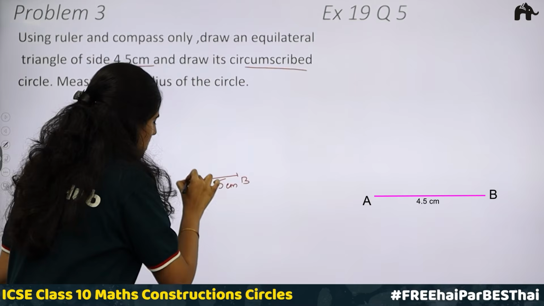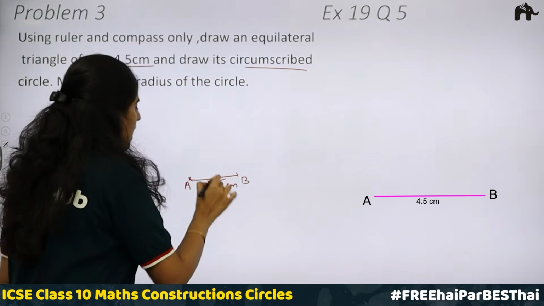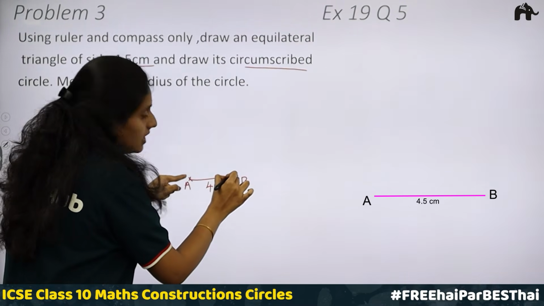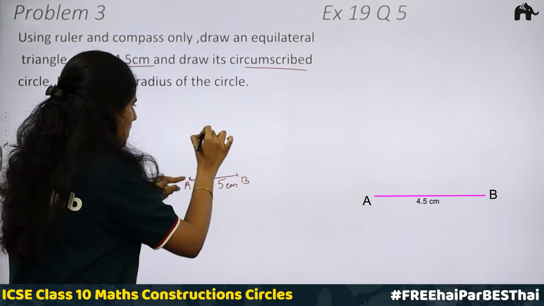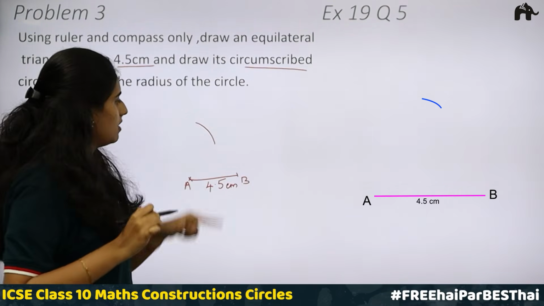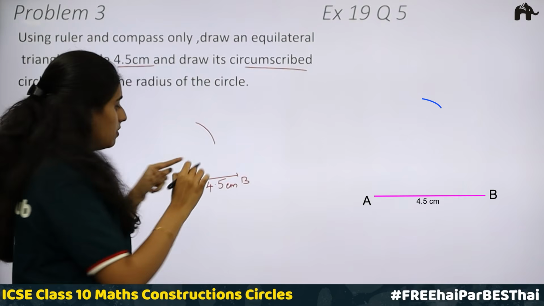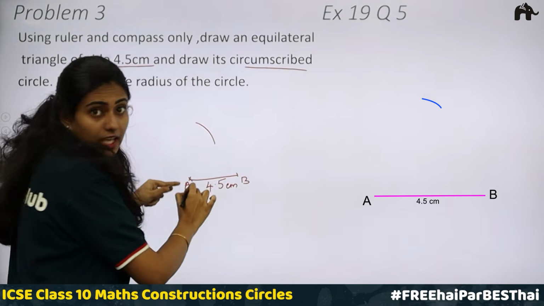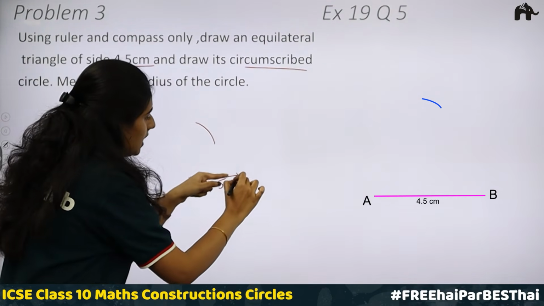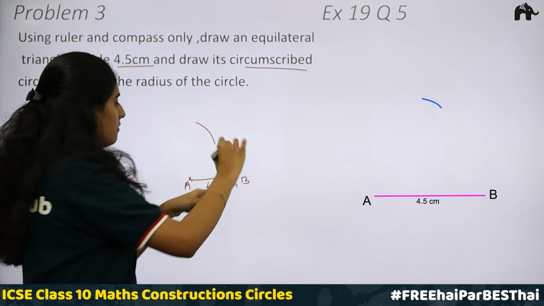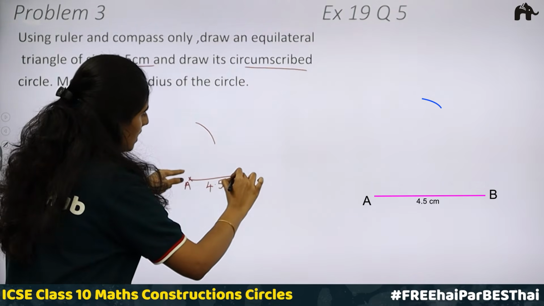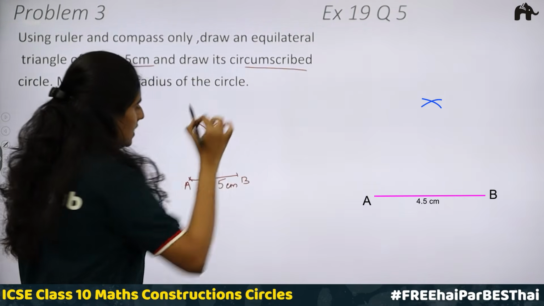Keep the compass here and cut an arc with this length of 4.5 centimeters somewhere. Okay. So here I have cut an arc keeping the center A. Now similarly, keeping the compass at B, we'll cut an arc with the same measurement, that is 4.5 centimeters. You will be getting it here.